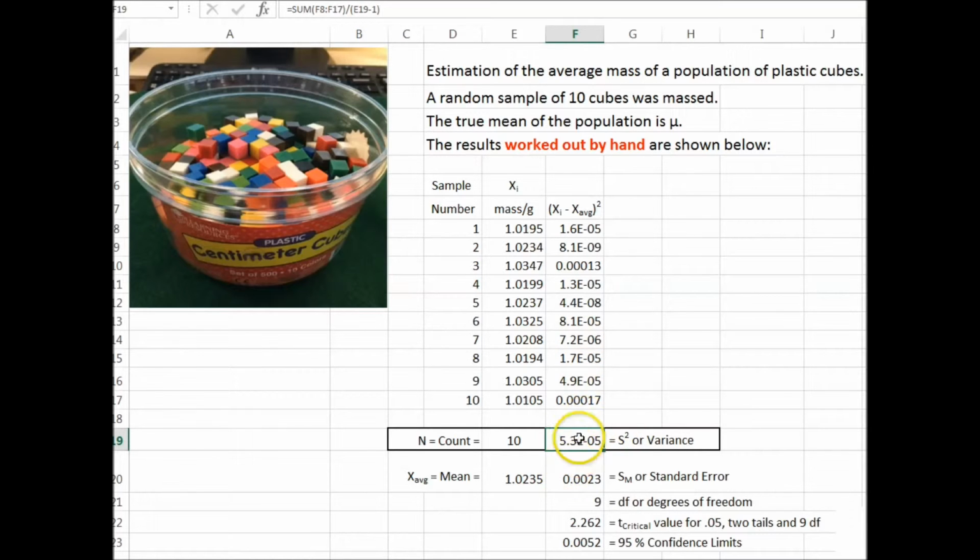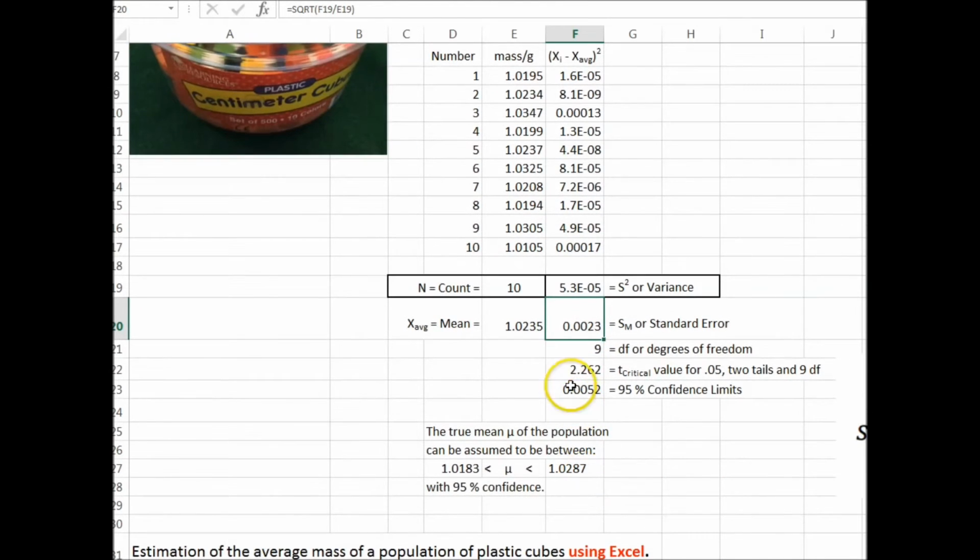So that's s squared. The standard error is the standard deviation, which is the square root of s squared, divided by the square root of n, which is 10. So that's our standard error, 0.0023.